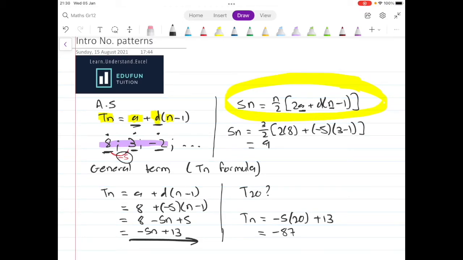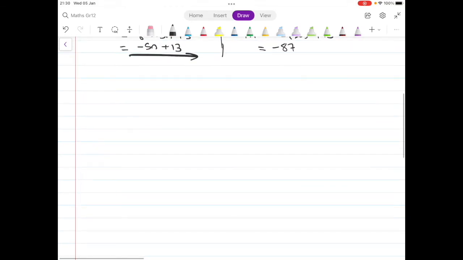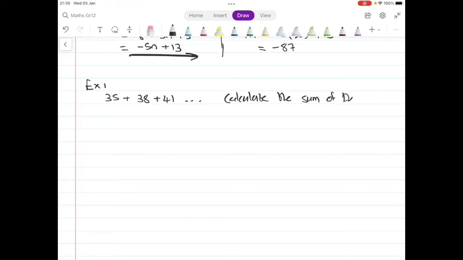Just one more example would be, let's say we had the following sequence: 35 plus 38 plus 41 and so onwards, and we wanted to calculate, we'll call this example 1, the sum of the first 12 terms.